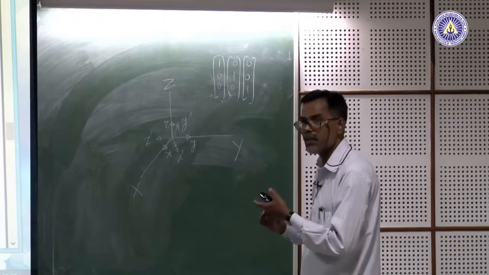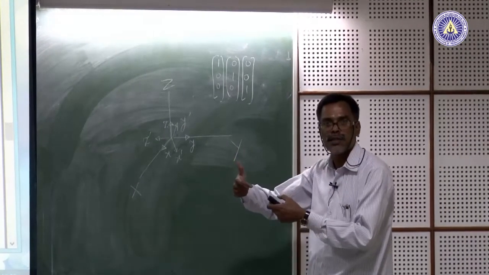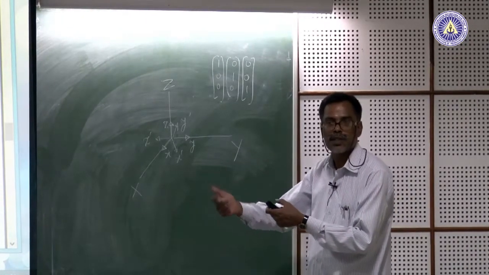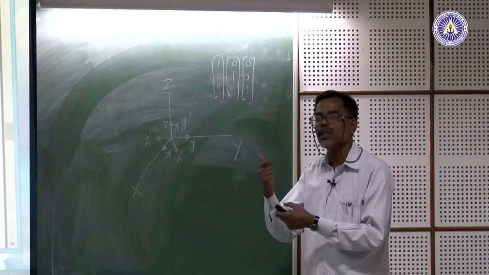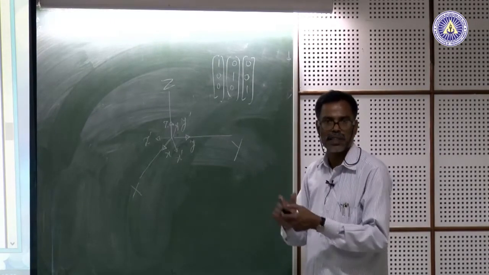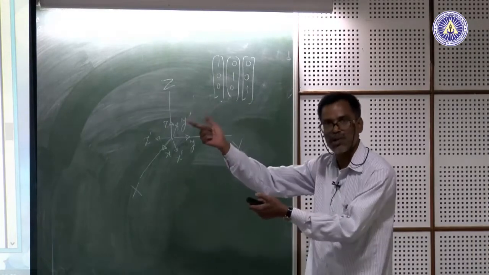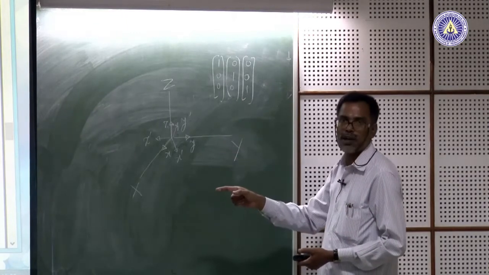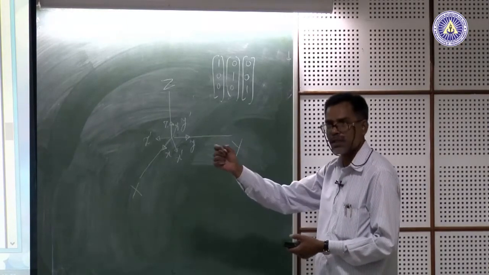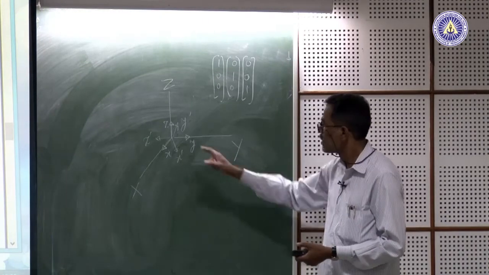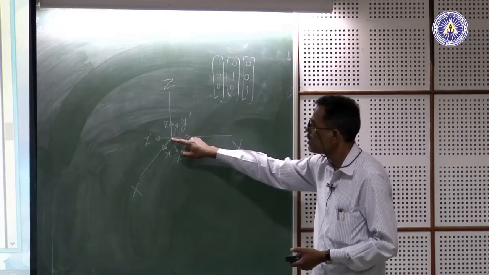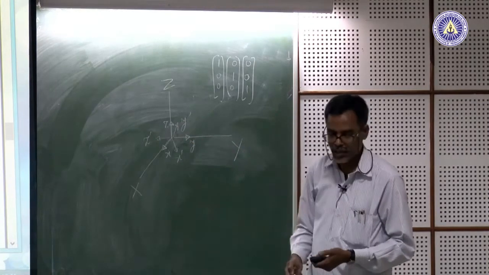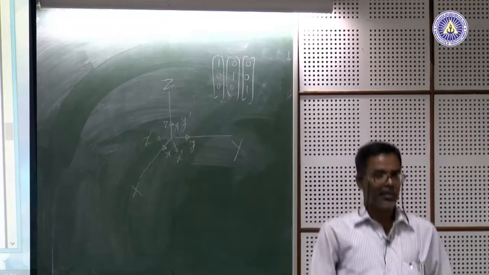Okay. At the same time, after the chair has rotated, if you need to describe its orientation in the fixed frame, then you will ask in what orientation the chair is right now configured, and the answer is the same rotation matrix will describe its orientation, because the first column of that rotation matrix will show the orientation of the x coordinate, second column will show the orientation of the y coordinate, and the third column will show the orientation of the z direction.